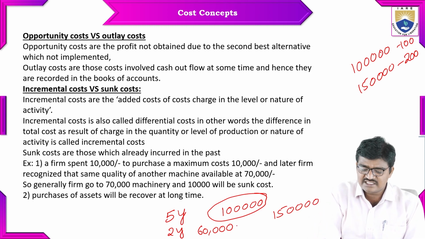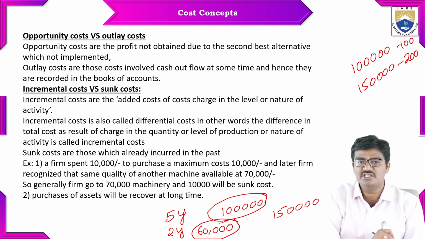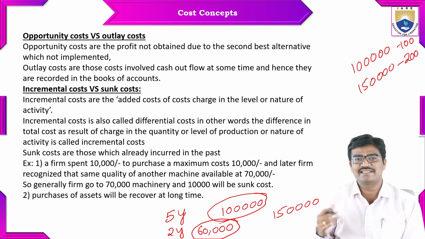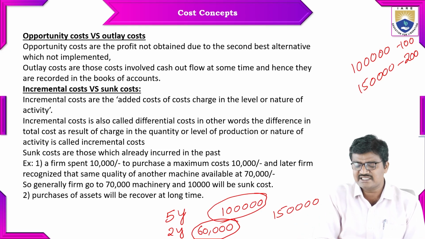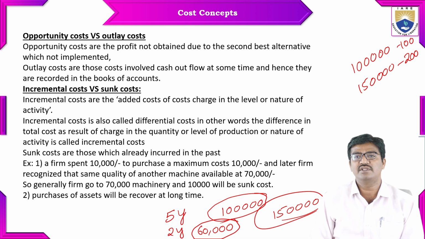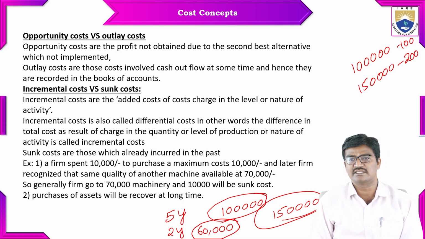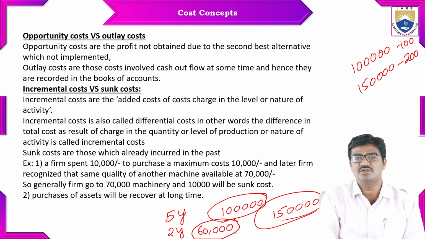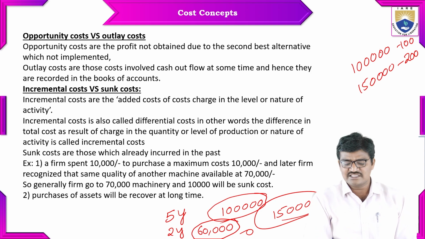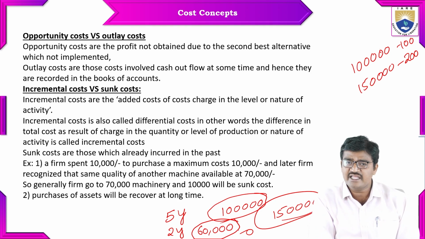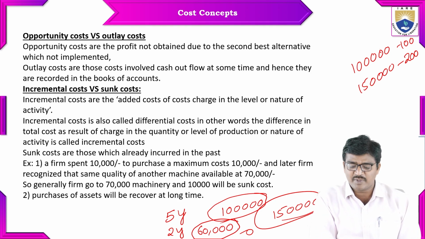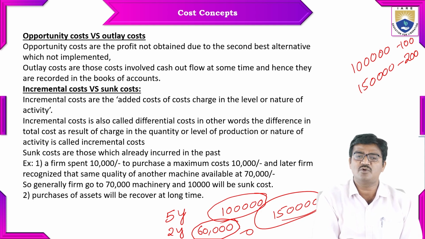So here, this 60,000 rupees of machinery is going to be set aside idle by replacing it with the 1.5 lakh rupees machinery. As this 60,000 rupees of machinery is going to be worth zero, this is called sunk cost.